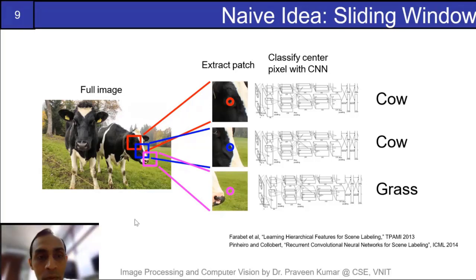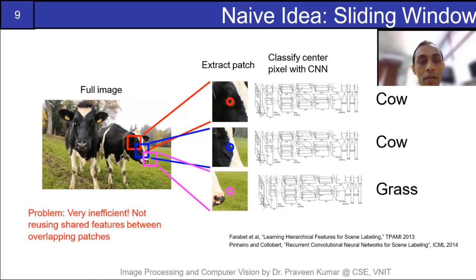But what is the problem with this approach? It's very simple: it is going to be very inefficient. Taking out a patch and passing it through the entire architecture and making a prediction.